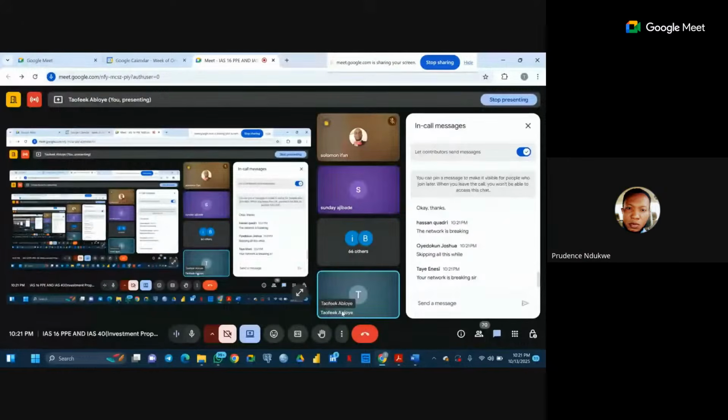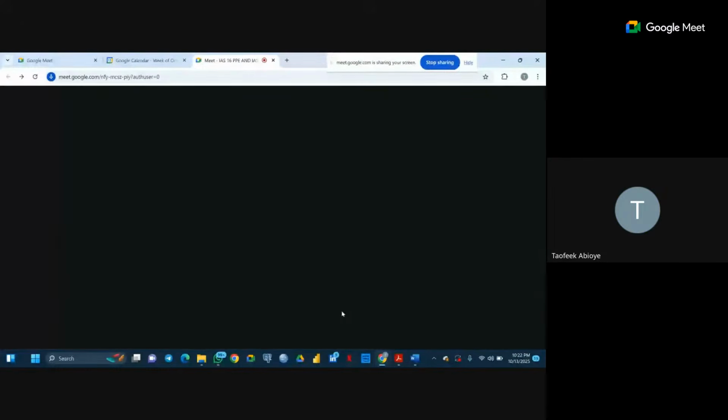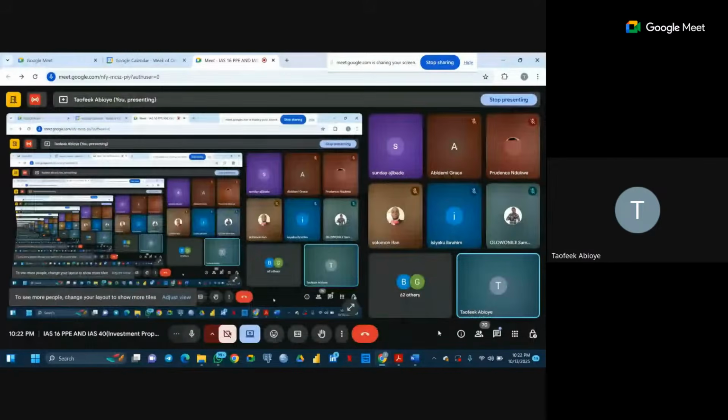Okay, I'm trying to connect to another network.